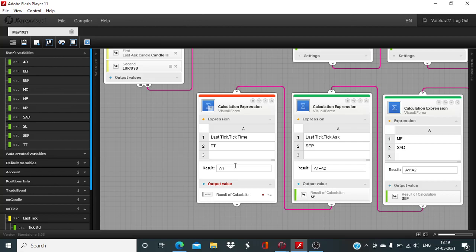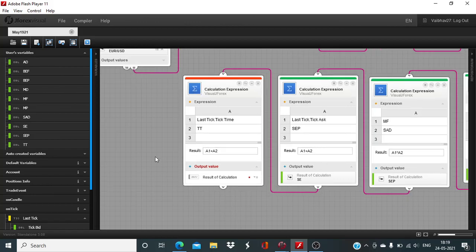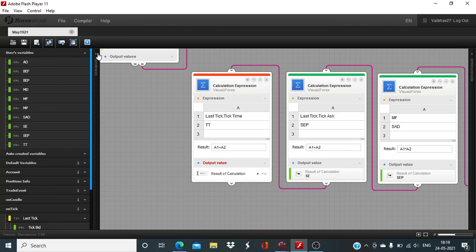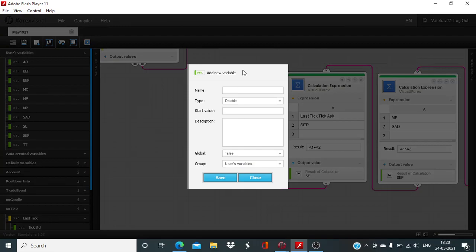A1 plus A2. If you want to keep the order validity for a different time, suppose 2 hours, 1.5 hours, or 3 hours, all you have to do is multiply this A2 with the appropriate value, and then add it to the last tick time. You will get the desired validity.